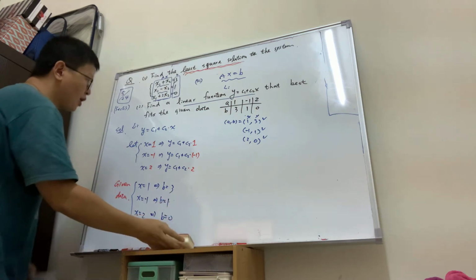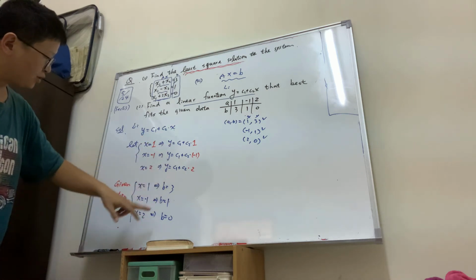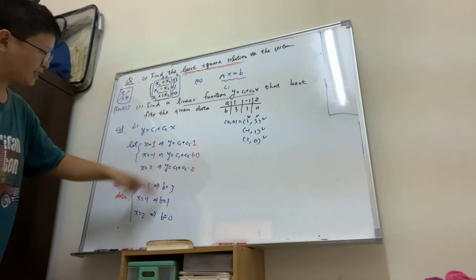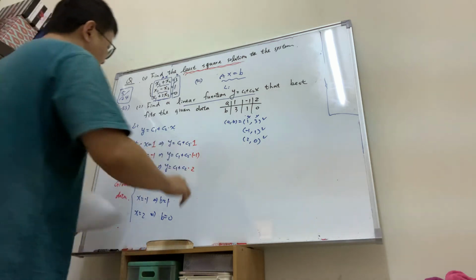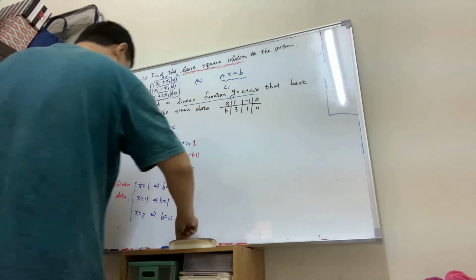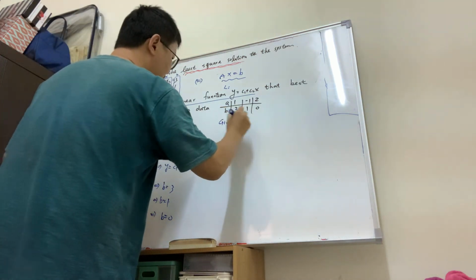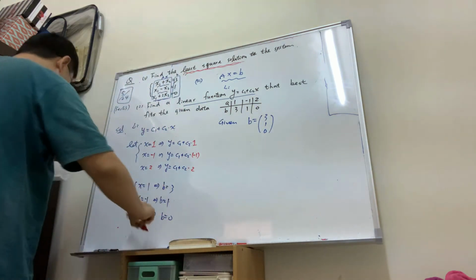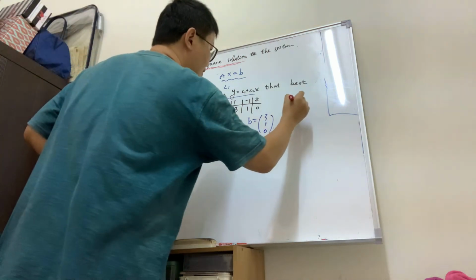So we want to find c1 and c2 such that their subtraction is the minimum. But what does the subtraction mean? We view it this way: our given data b is 3, 1, 0, and we compare it with the function we find.